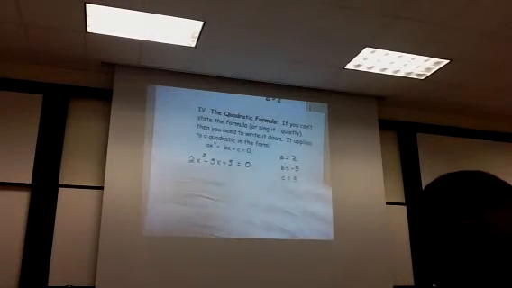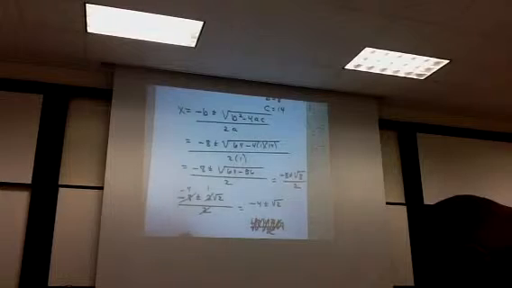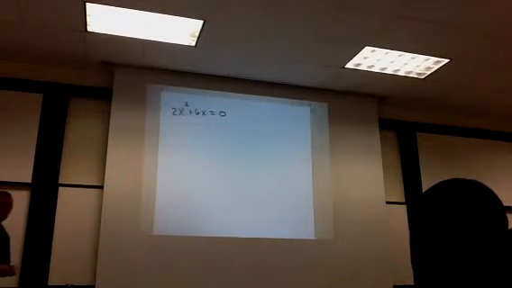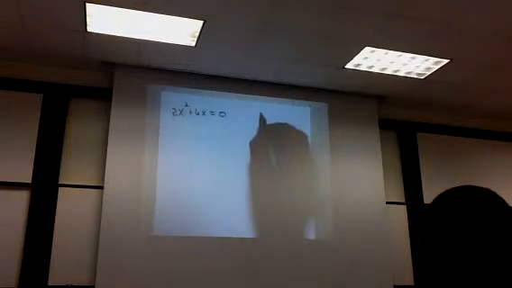Let's work a problem with the quadratic formula. Now, remember I said it'll work every single time. How about if it looks like this? That's one of the first ones we looked at. It's a quadratic. What's A?